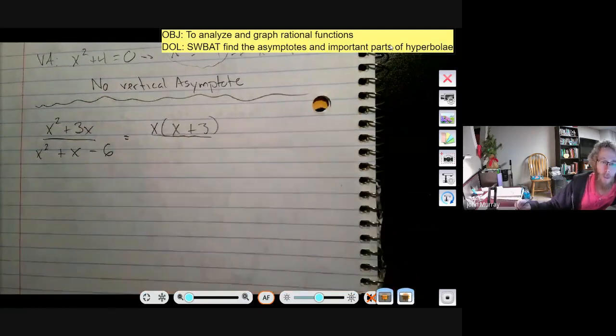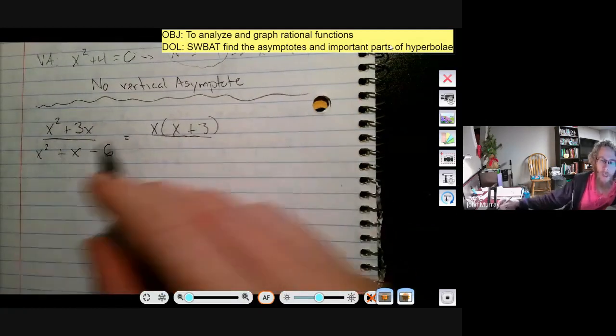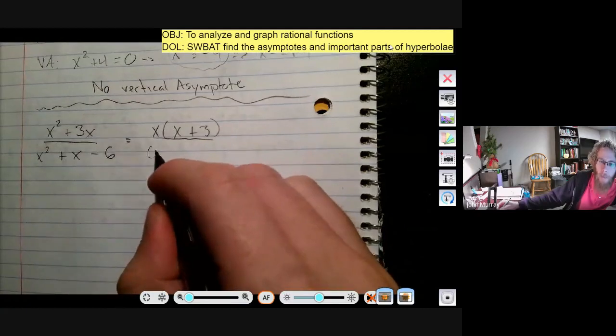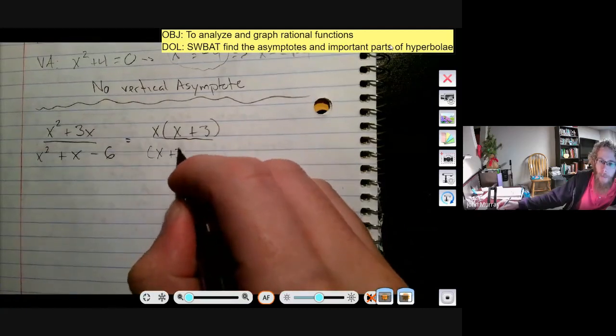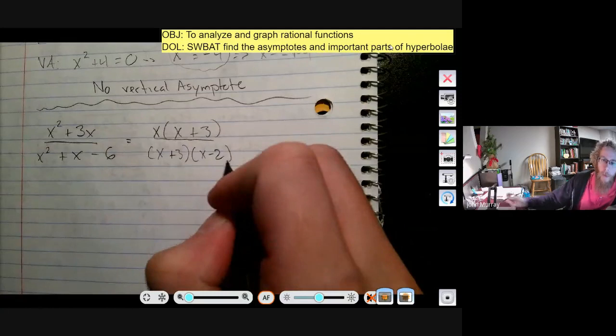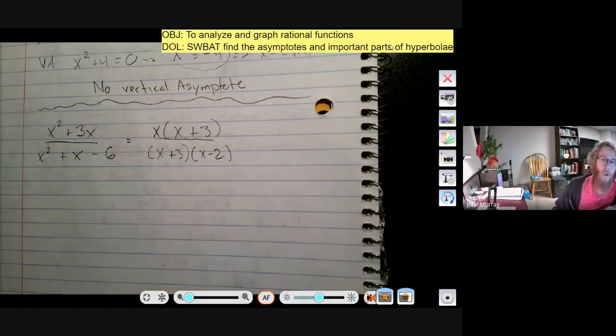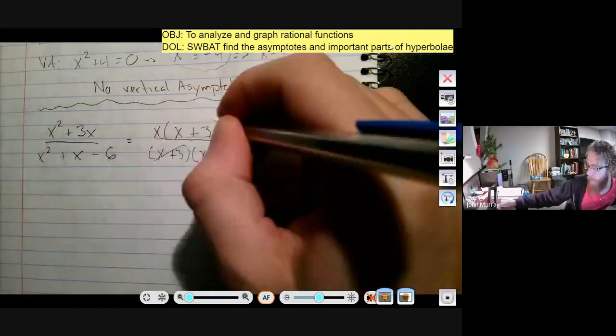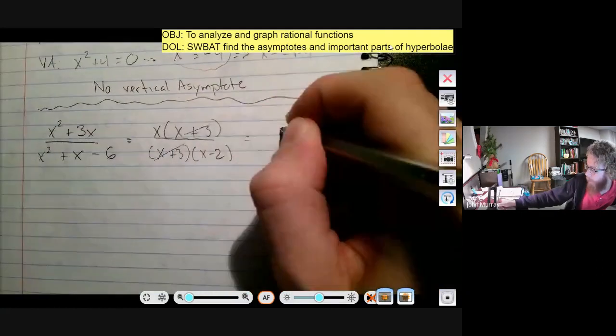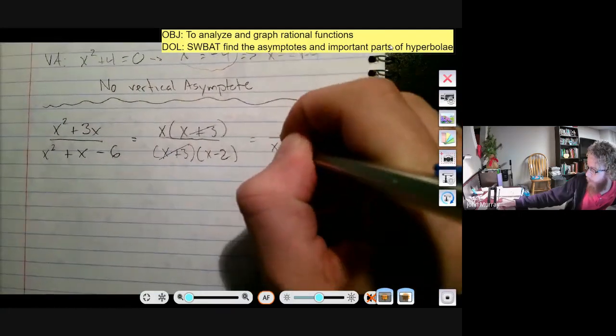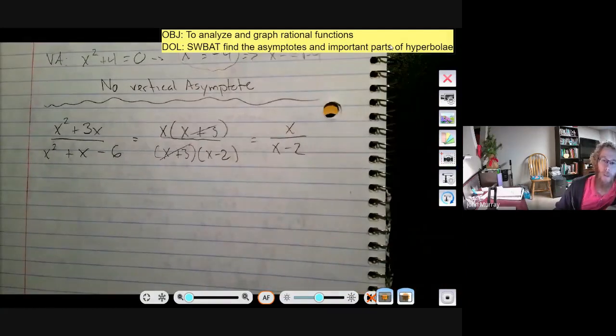So I get x times x plus 3 in my numerator. In the denominator, that does break up to x plus 3 times x minus 2. So it does have a simplified version of x over x minus 2.